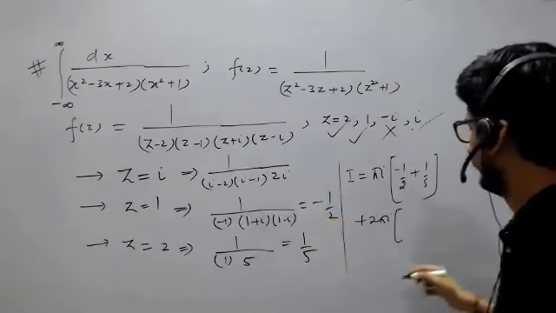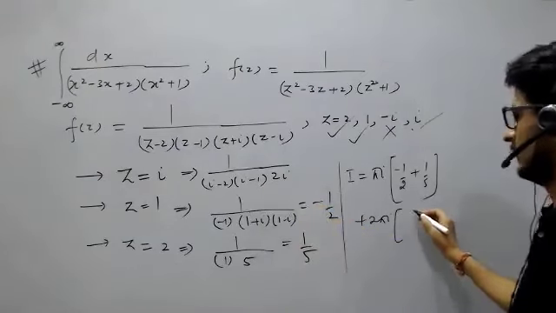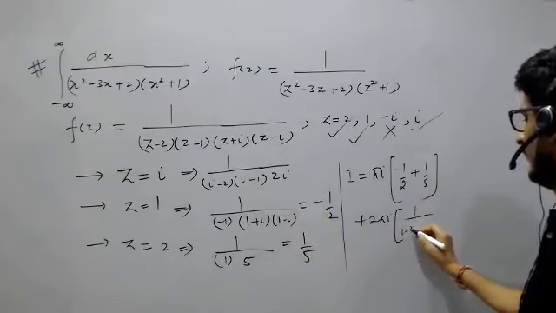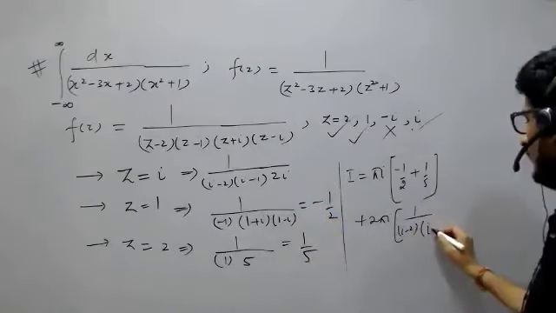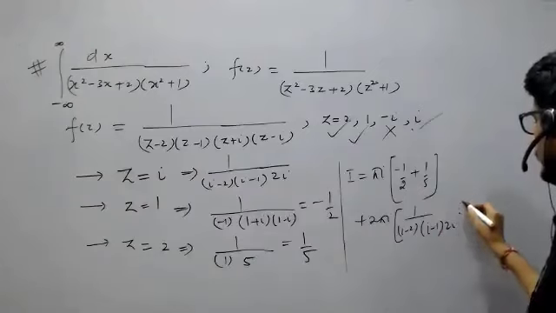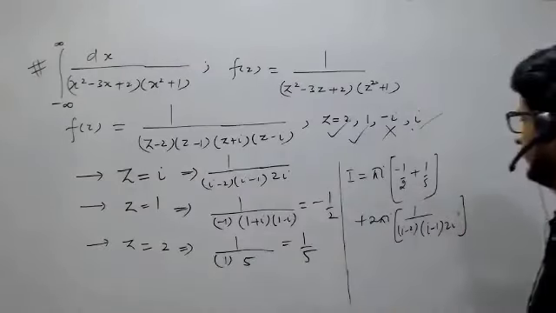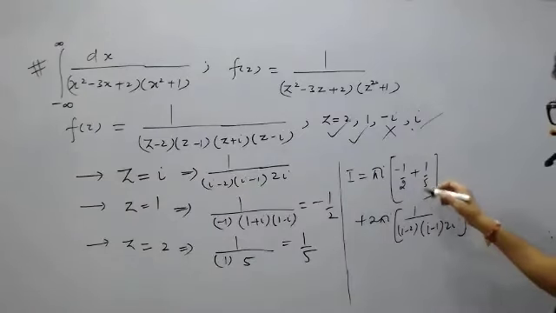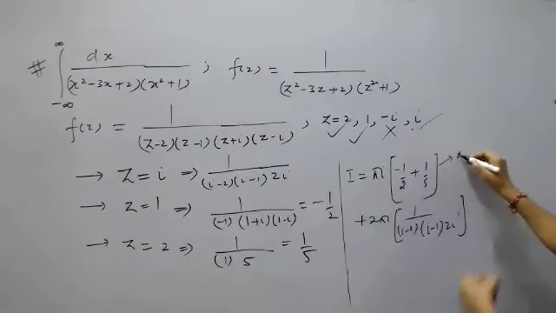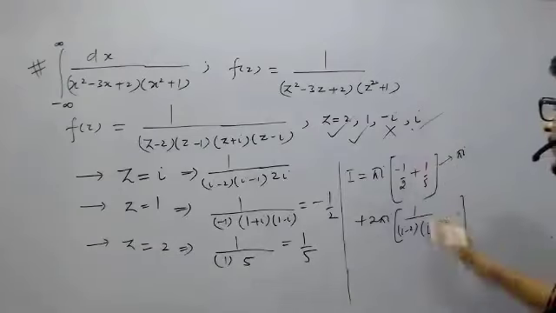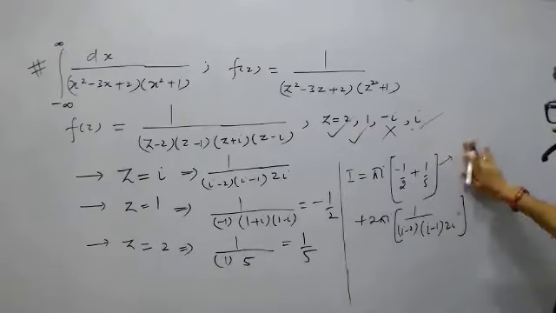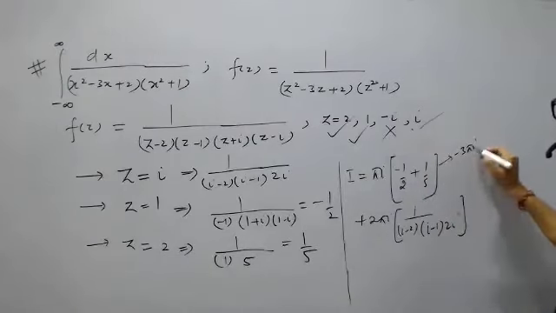What is this? 1 upon I minus 2, I minus 1, 2i. Okay? So please see this. How much will this come? This thing will become pi I into minus 3/10, minus 3 pi I by 10.